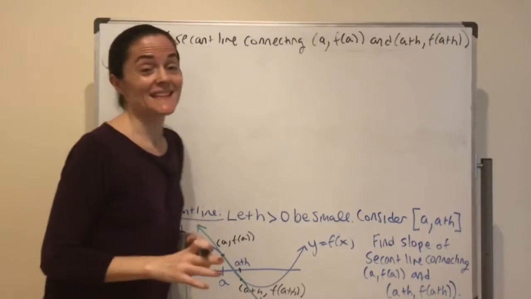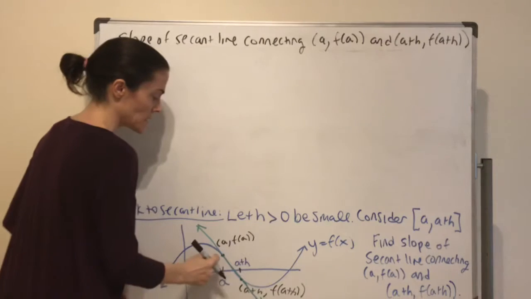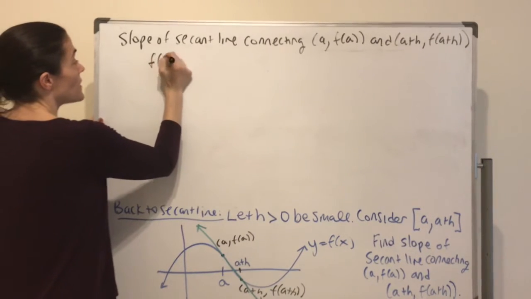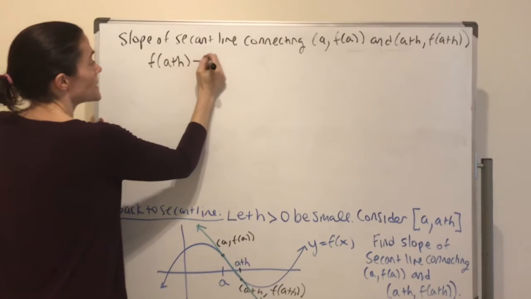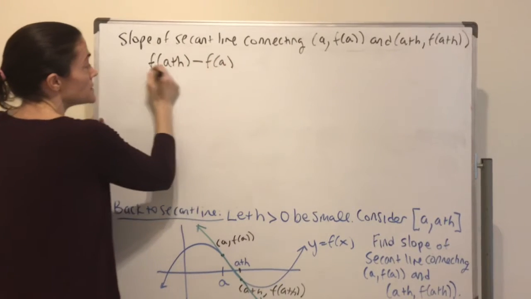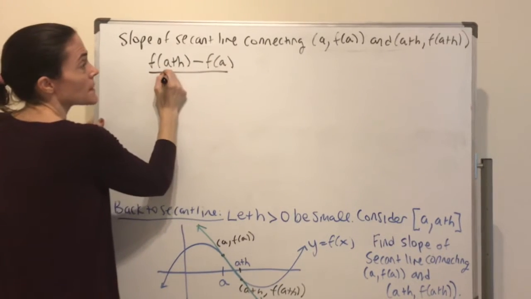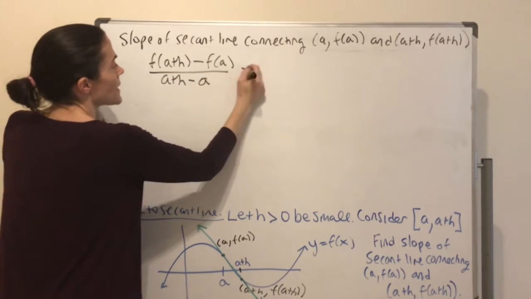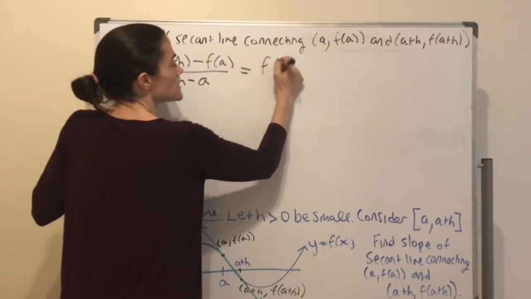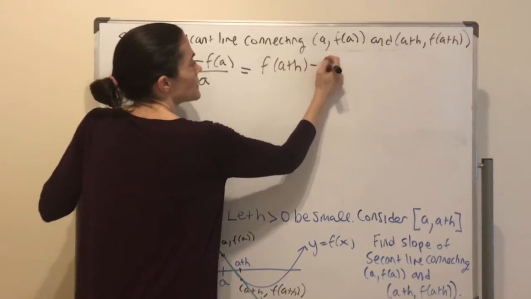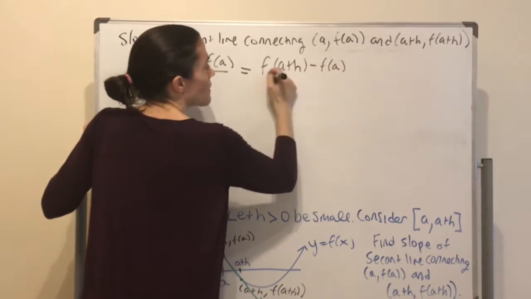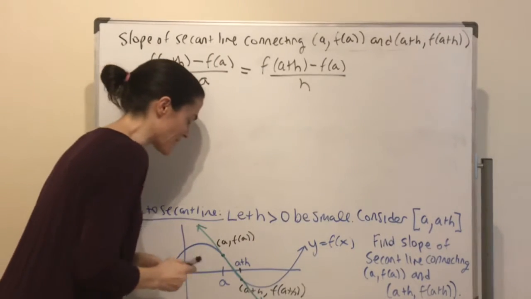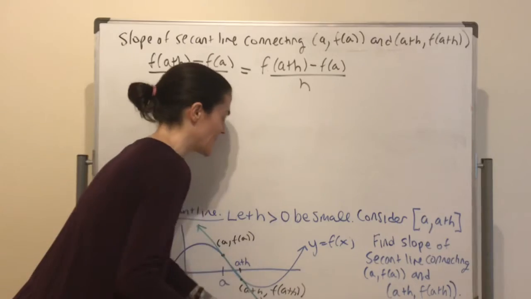As I mentioned, this would be the average rate of change from a to a plus h, but we get f of a plus h minus f of a divided by a plus h minus a, and this simplifies just slightly to f of a plus h minus f of a over h. Okay, now this is a very important quantity.